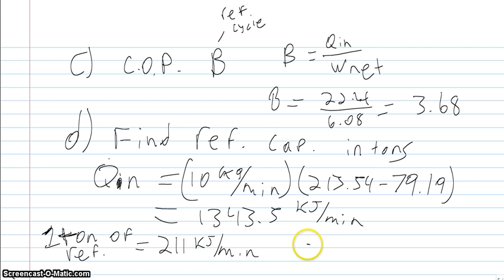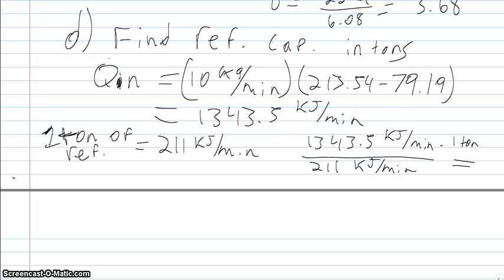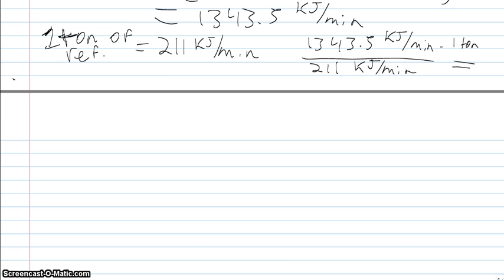Now all we gotta do is just divide 1,343.5 kilojoules per minute divided by 211 kilojoules per minute. And that will equal 6.37 tons.